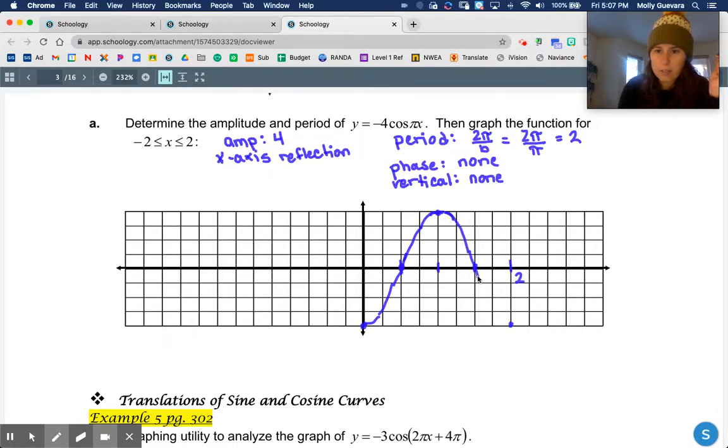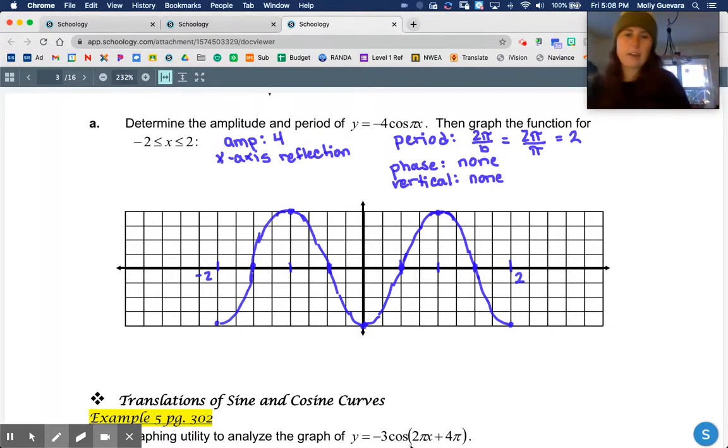It's just reflected over the x-axis. And it wants me to go from -2 to 2. So I'm going to have to also do 1 whole period to the left as well. But once you've done the first one, it's just continuing the pattern. And so it shouldn't be anything hopefully too crazy. My drawings are slowly getting worse, you guys. And there is my graph.